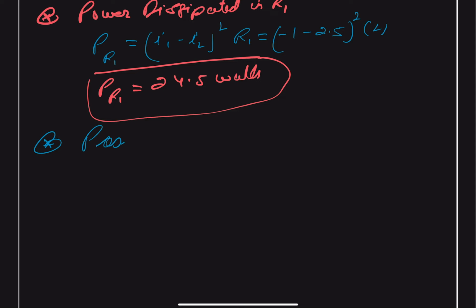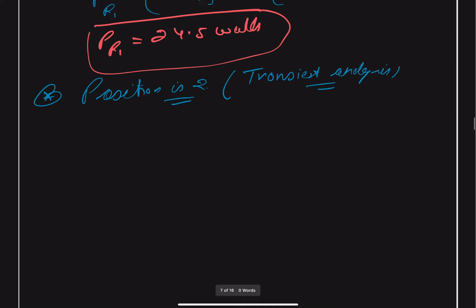Switch position is 2, and here, like in the first case we did a steady state analysis, the position number 2 gives us a transient analysis. So we can just modify our circuit.